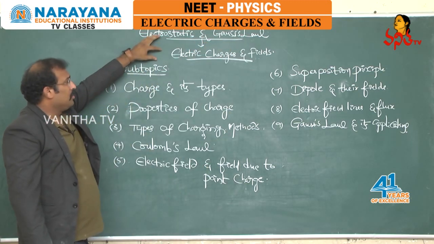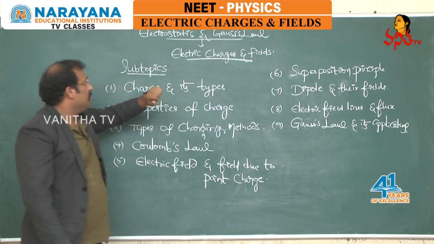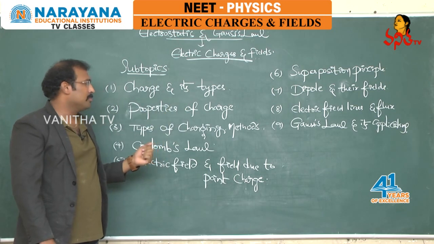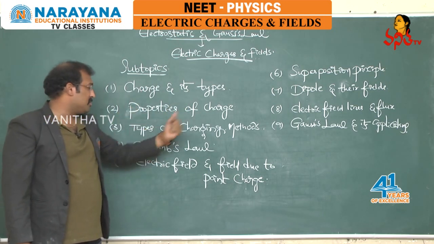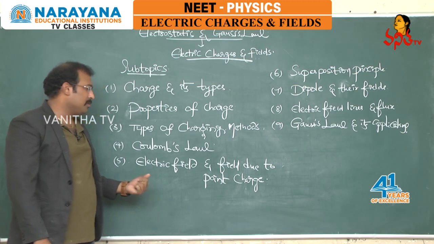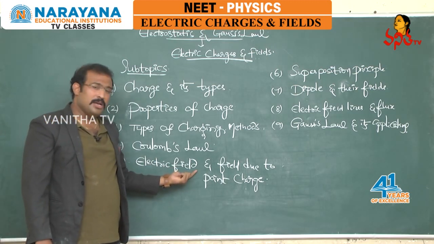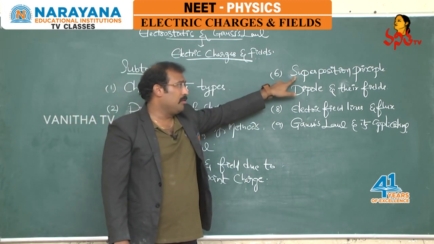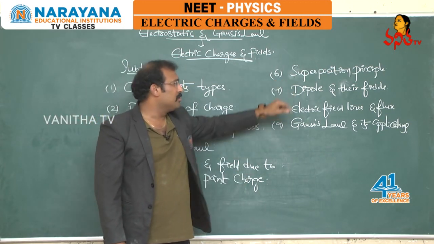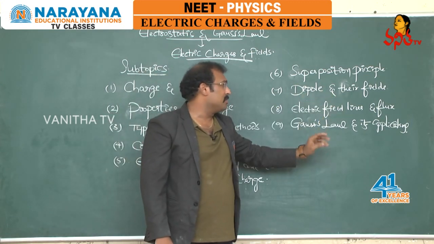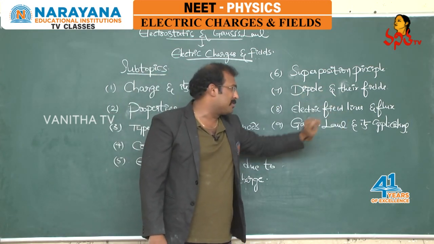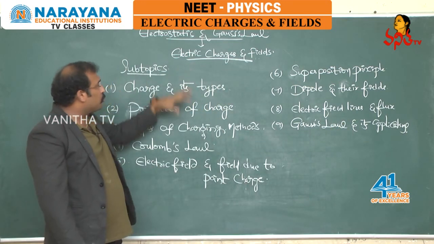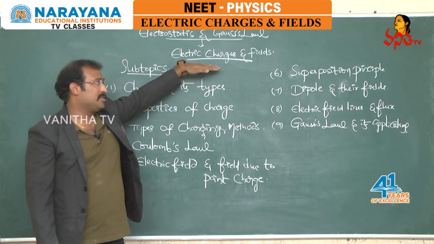Now in this electric charges and fields, the subtopics that we are going to cover are charge and its properties, types of charging methods, Coulomb's law, electric field and field due to a point charge, superposition principle of both forces as well as fields, dipole and their fields, electric field lines and flux, Gauss law and its applications. So these are the subtopics that we are going to cover with electric charges and fields.